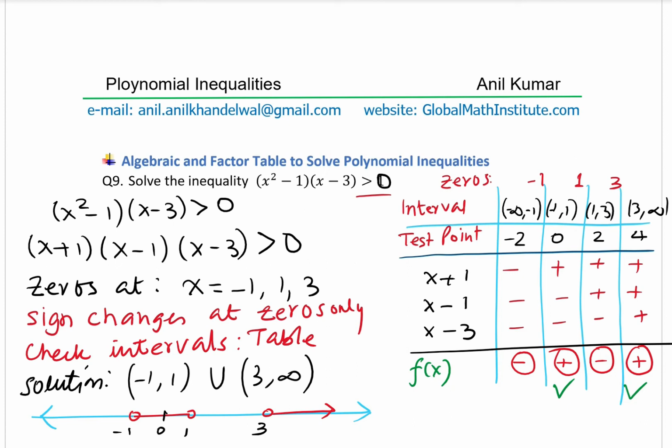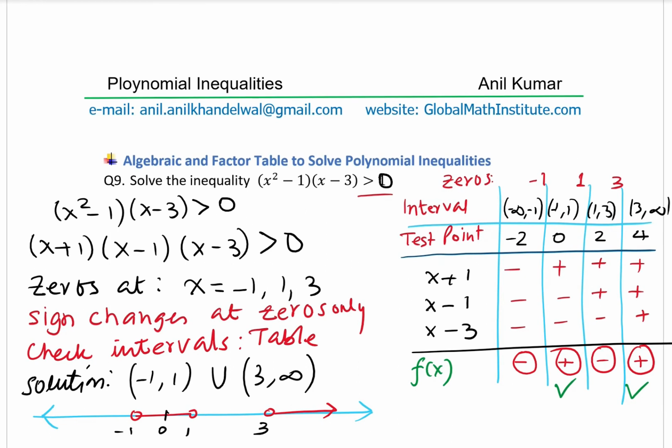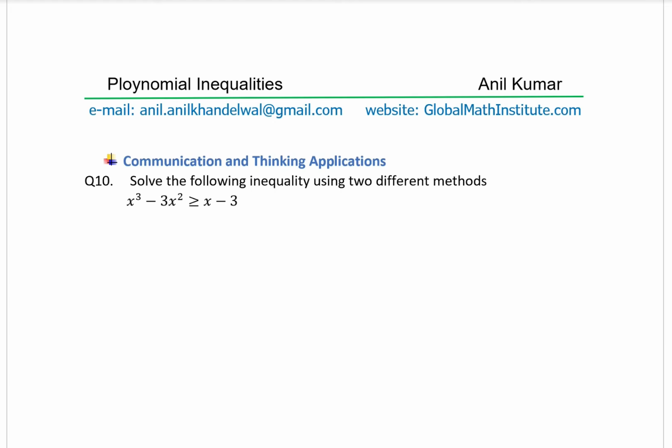In each interval, select a convenient point to test your values for each factor. Multiply the factors to get a positive or negative sign. If you're looking for greater than 0, it means positive sign, and that becomes part of your solution, just as we did here.